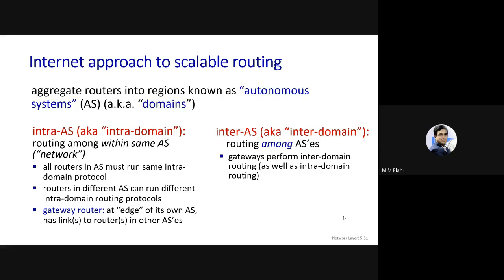So if I use RIP in one autonomous system and the ISP uses EIGRP, still the ISP and my organization can communicate using BGP, or ISPs can communicate among themselves using the border gateway protocol.